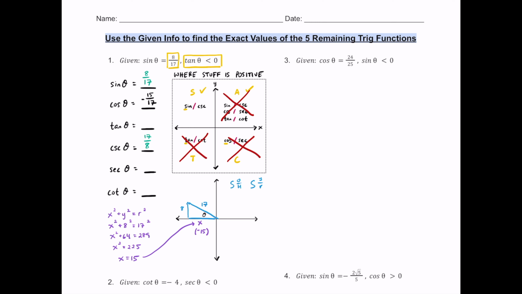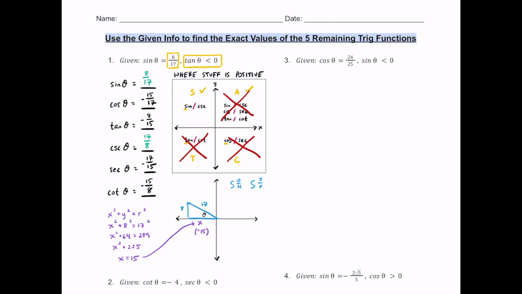And then for secant, that's going to be the reciprocal of negative 17 over 15. Finally, for tangent of theta, that's going to be the opposite over adjacent, or 8 over this negative 15. And so that's also y over x. So for tangent, we can go ahead and write 8 over negative 15, or negative 8/15. And for cotangent, we'll flip that upside down and say it's negative 15 over 8.